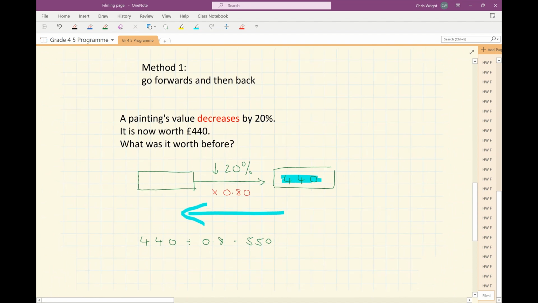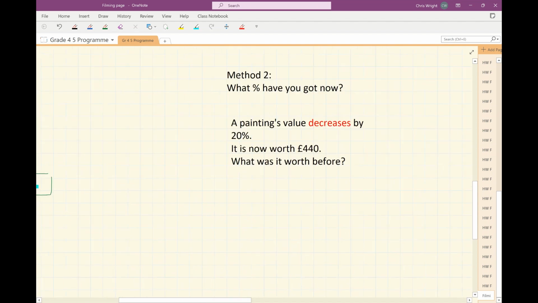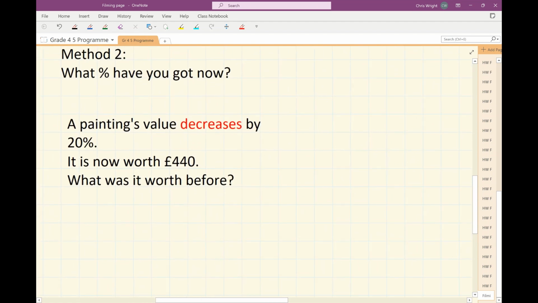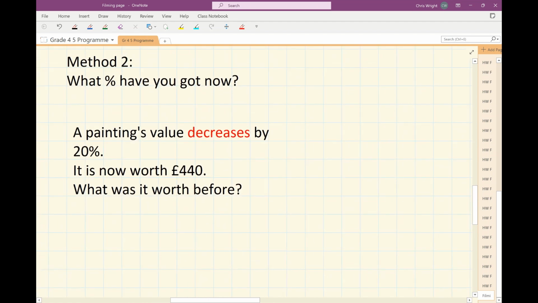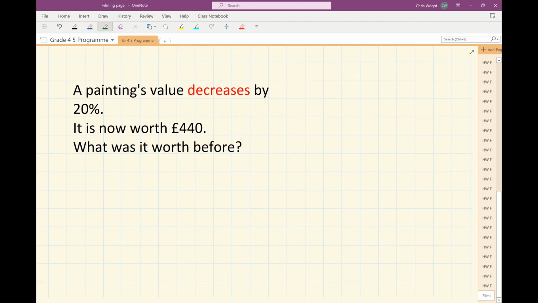Let's have a look at method two. Same question, second method. In method two, we have to think about what percentage we've got now. So if the painting's value has decreased by 20%, we've now got 80% of that original value. And that 80% equals £440.